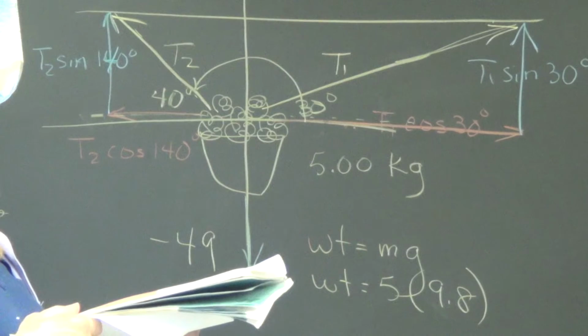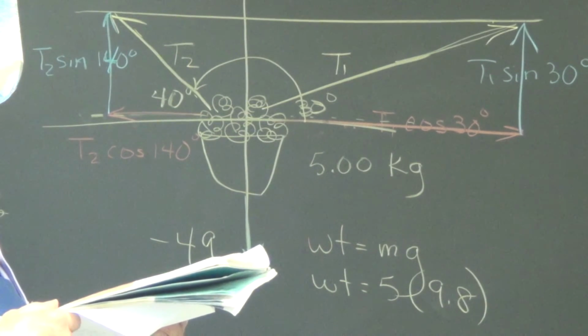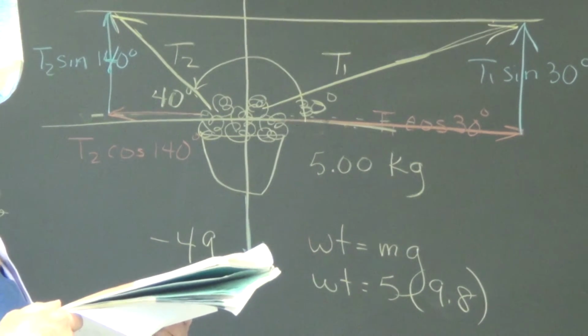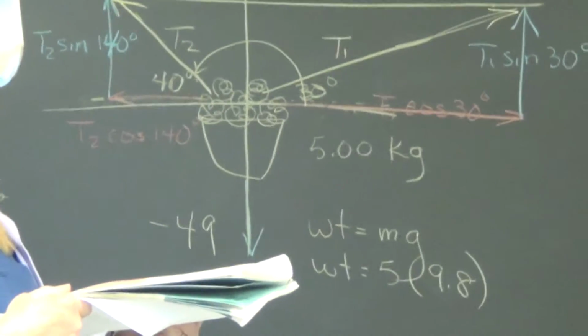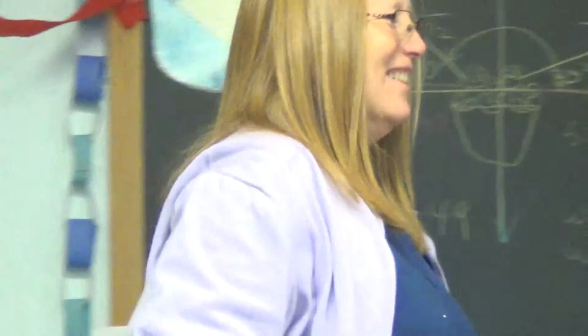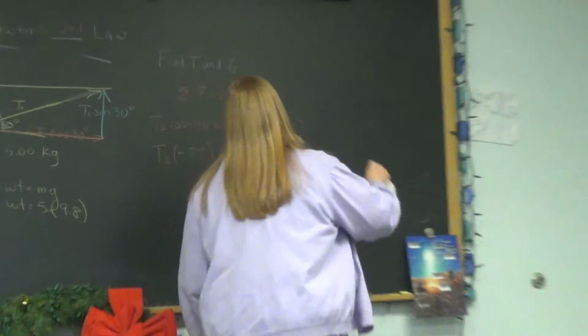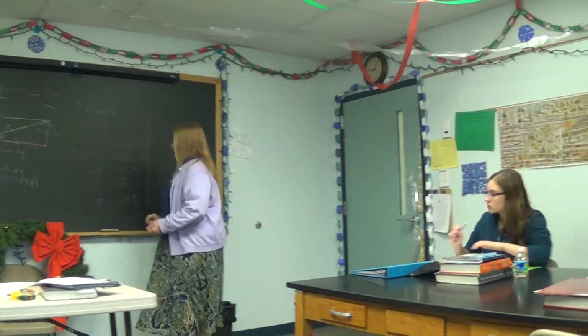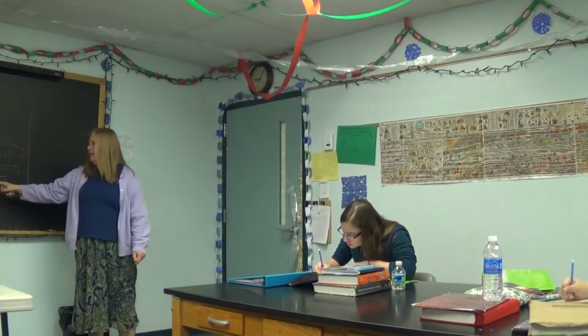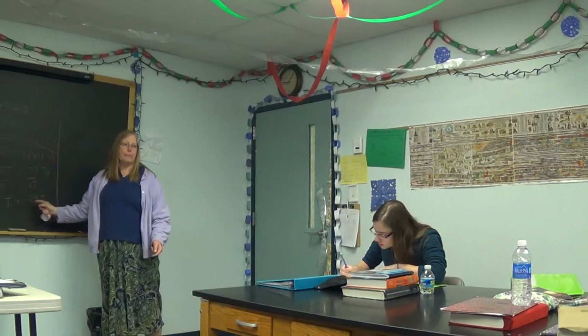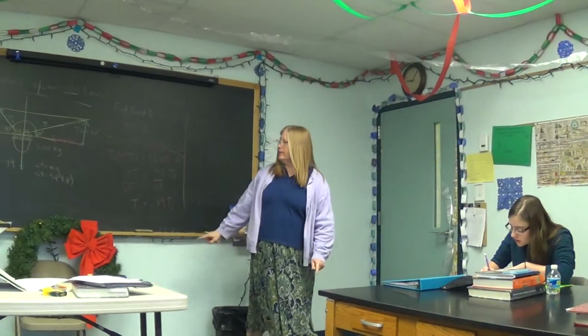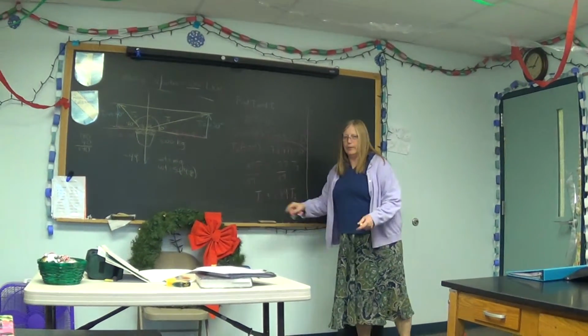Do 1 divided by 0.89, but nobody write it down. Just tell me. 1.12. Thank you. I'm on the right track. It's just that when I did this one earlier, I solved for T2, but it doesn't matter which way you go, as long as you have solved for one or the other.